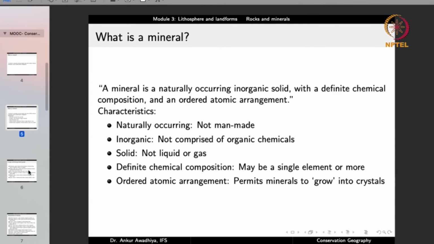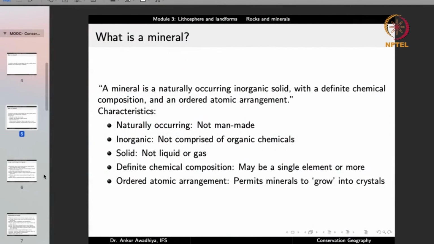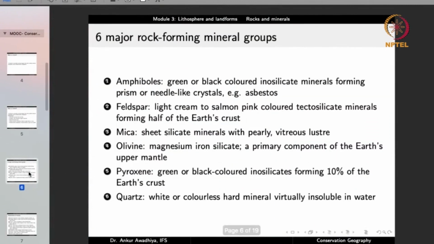So there are a very large number of minerals, and in this course we are not going to look at each and every mineral in detail, because that is beyond the scope of this course. But we are going to look at 6 major rock forming mineral groups.